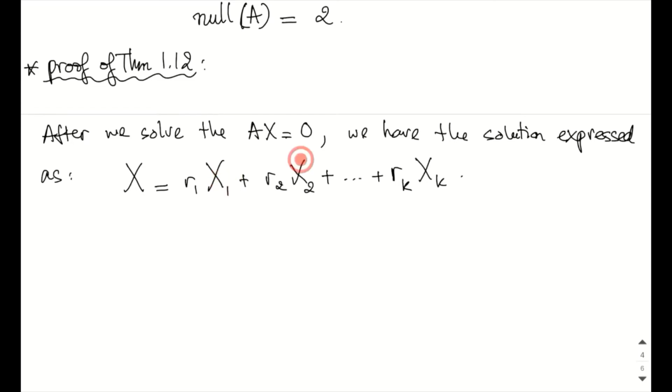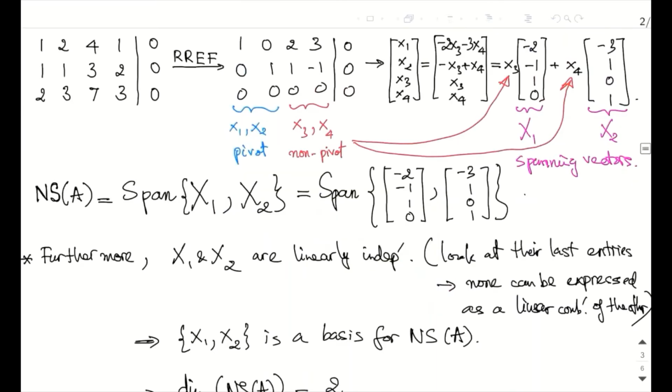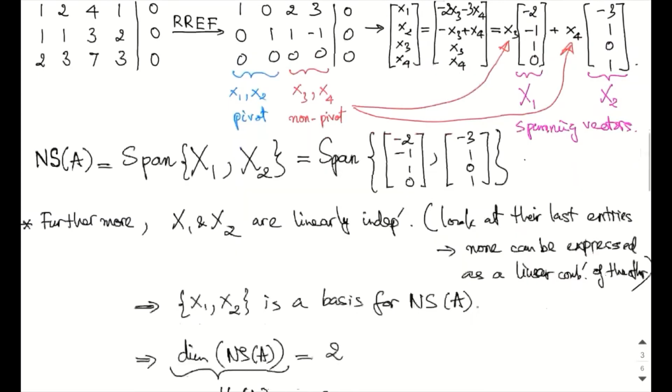The X1, X2, XK here are the spanning vectors. What are the R1, R2, RK here? Well, they are actually different notations for the non-pivot variables. So this is going to be the first non-pivot variable. You can write it as X3 or you can write it as R1. That's the first, right? So that's why I use R1.